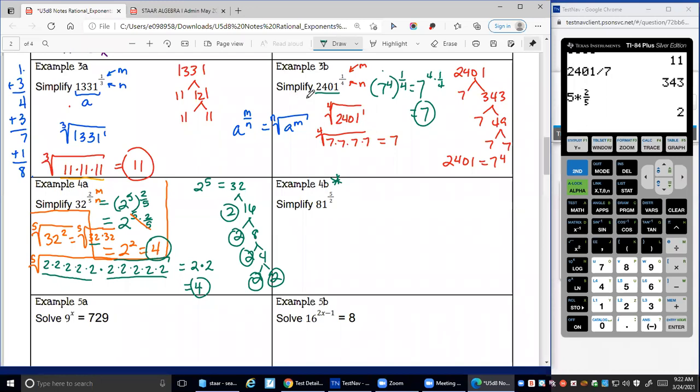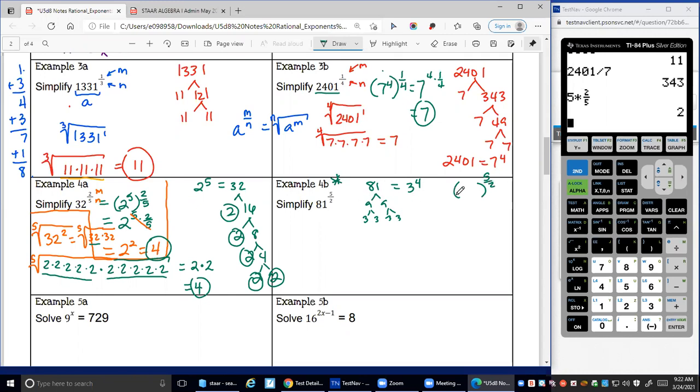Okay, two different ways. I personally think this is the easiest way, where I say, okay, 81, I do my little factor tree, and you should have ended up with 9 times 9, and then you get 3, 3, 3, and 3, right? And so that essentially tells us that we have 3 to the power of 4. Well, I can rewrite this so that instead of 81, I got 5 to the power of 2, right?